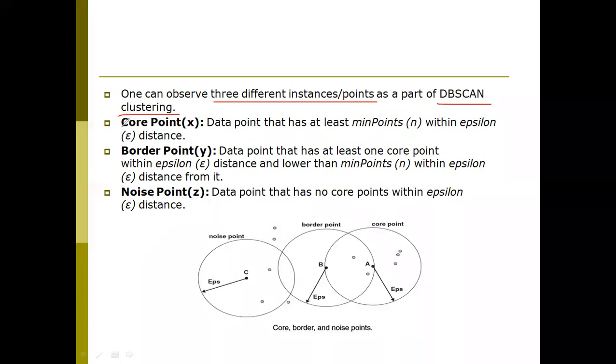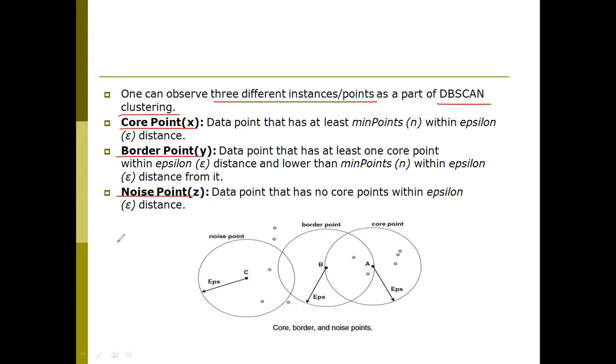First of all, identifying the core point. Second one is identifying the border point, and third one is identifying the noise point. So what is a core point? What is a border point? What is a noise point?